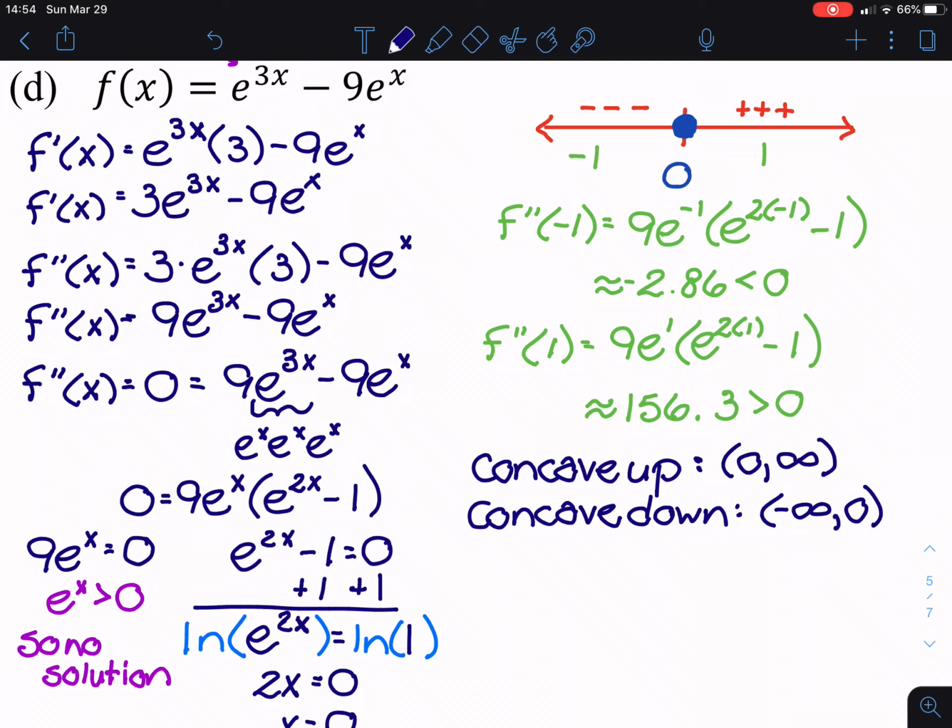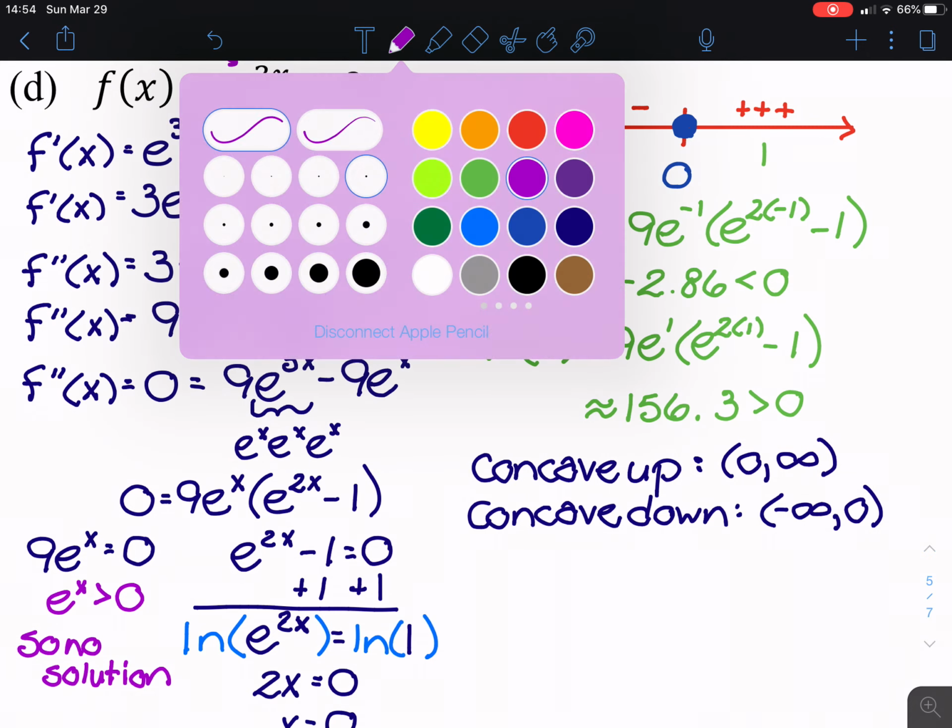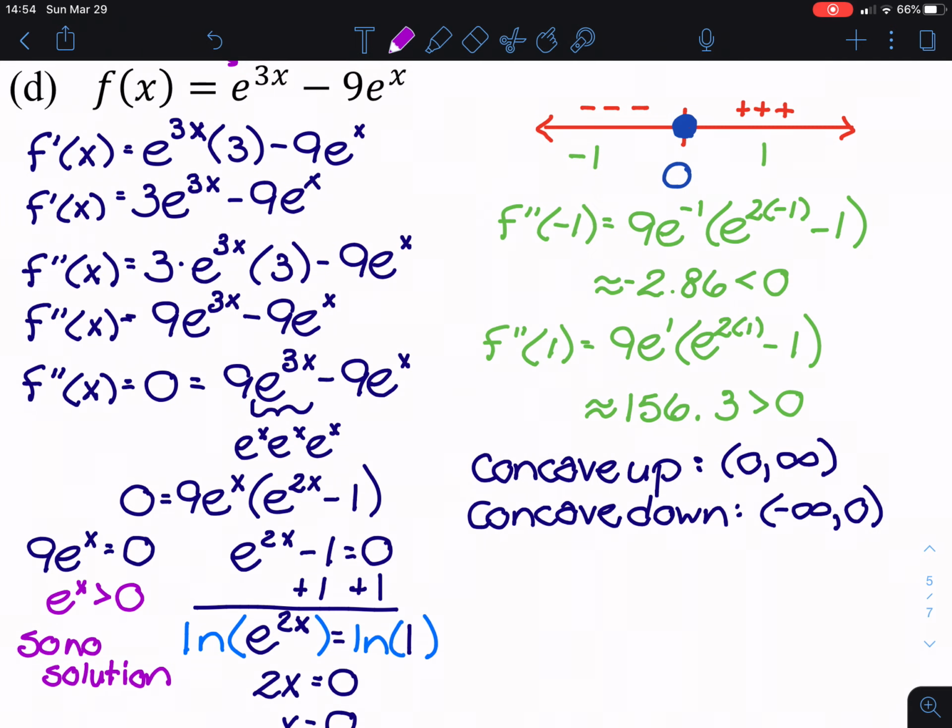Now then, because I change sign on my second derivative here from negative to positive, 0 is where there's an inflection point.